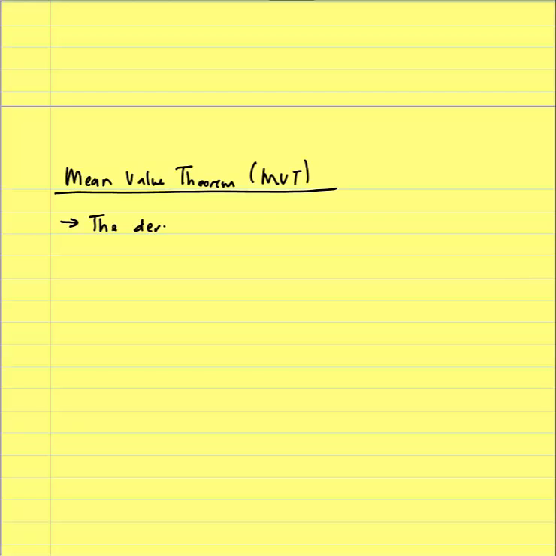So the derivative determines whether a function is, you know what, we haven't ever talked about constants, so let's put in all three of these. Whether a function is increasing, decreasing, or constant.